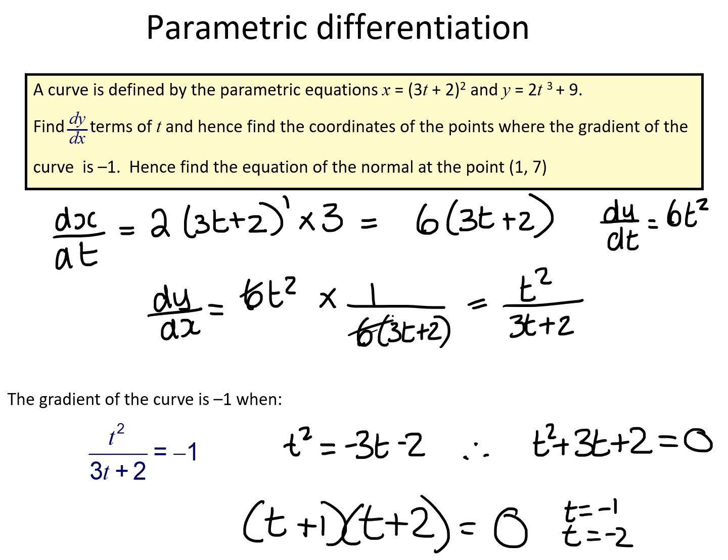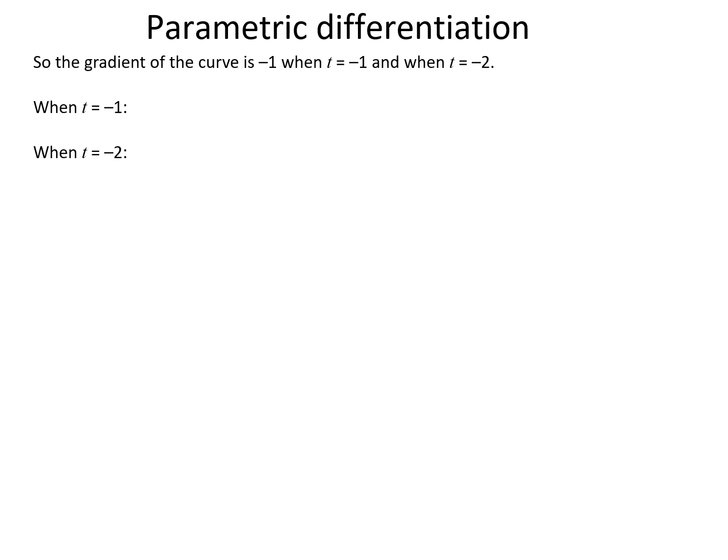We need this in terms of x, really. So we know the gradient of the curve is -1 when t is -1 and -2. Remembering that x on the last slide was (3t + 2) squared, and y was, what was y? y was 2t cubed plus 9, is it?